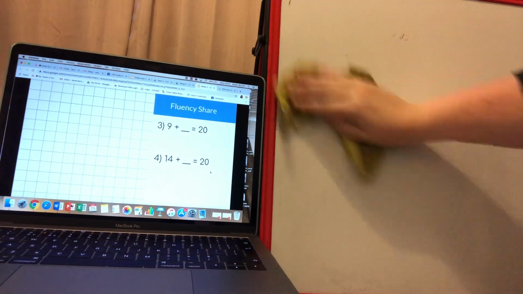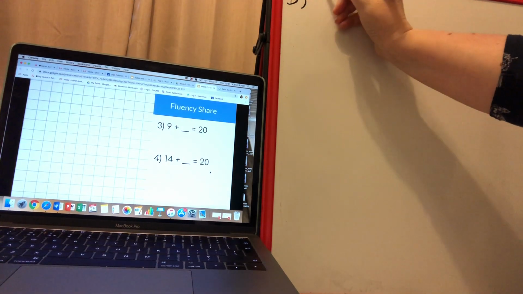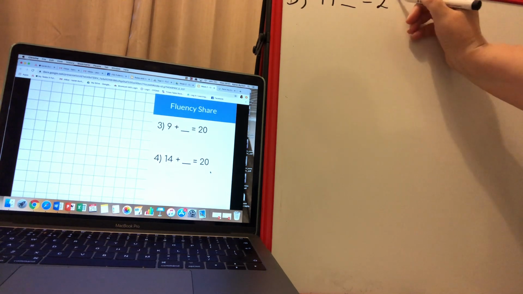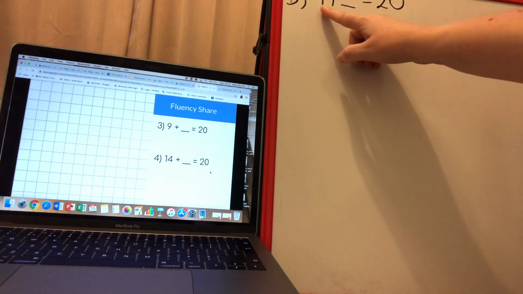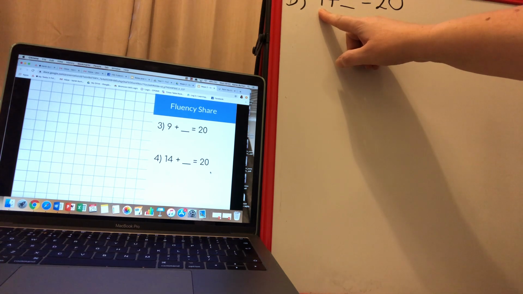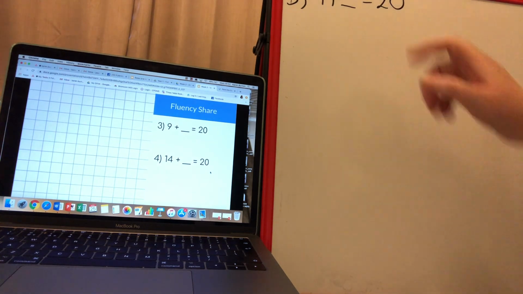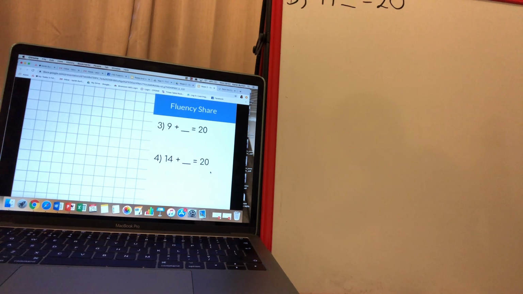Okay, moving on to question 3, which says 9 add something equals 20. Can you tell your parent, what am I going to put in my head? That's right, I'm going to put 9 in my head. Then when I count on, when am I going to stop counting? Yep, I'm going to stop counting when I get to 20. And I'm going to draw a bead for every number I say.